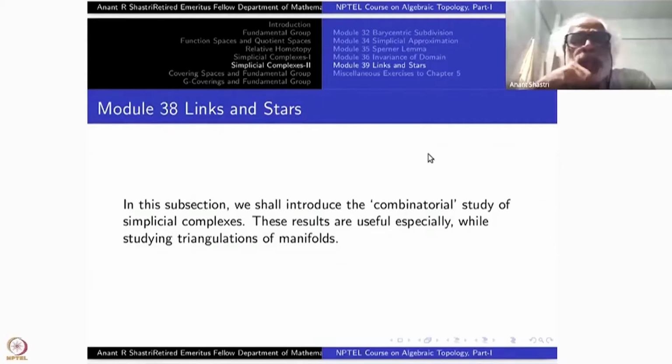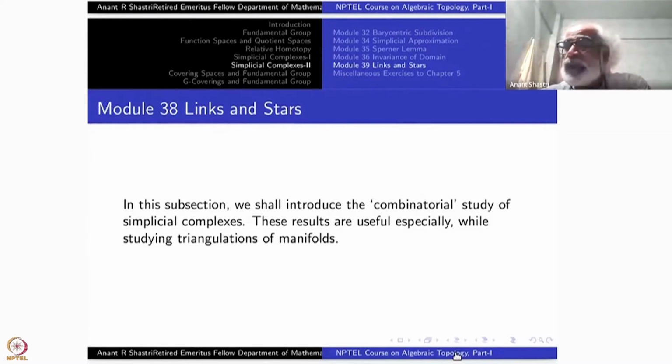Today, we will do some combinatorial study of simplicial complexes. Of course, there is some topology there, but mostly it is the relation between where something is incident and so on, neighborhoods and such things, which are all studied by combinatorial relation.